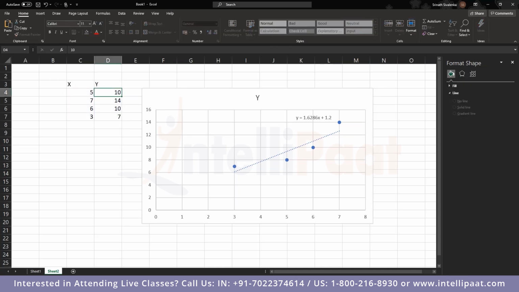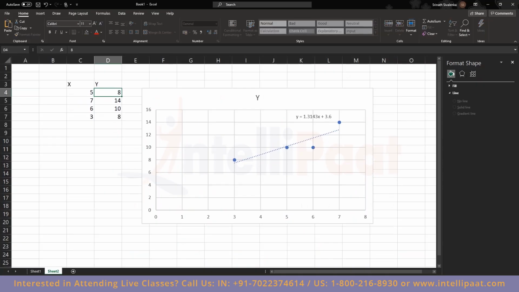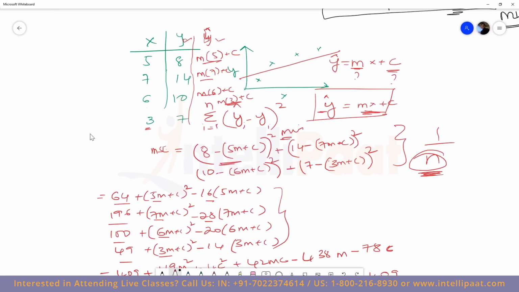Let me make this 10. Yeah, if you observe this for 3 and 8, this seems to be a good value. I don't know why. I'll just go back to 8. I'm not going to worry too much about it. I think what we've solved is not wrong. I know that for a fact because we've solved it by hand. Maybe there's some calculation error somewhere, but I don't think we should worry too much about it.